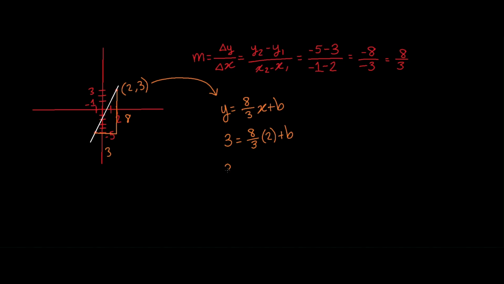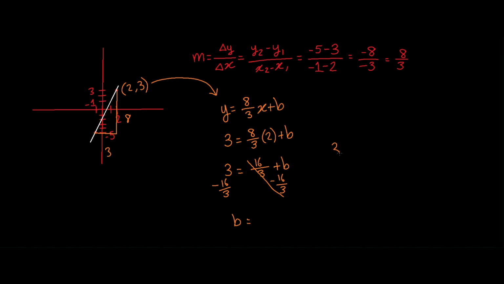So this would be 3 is equal to 16/3 plus b. If we subtract 16/3 from both sides, we would get b is equal to 3 minus 16/3.